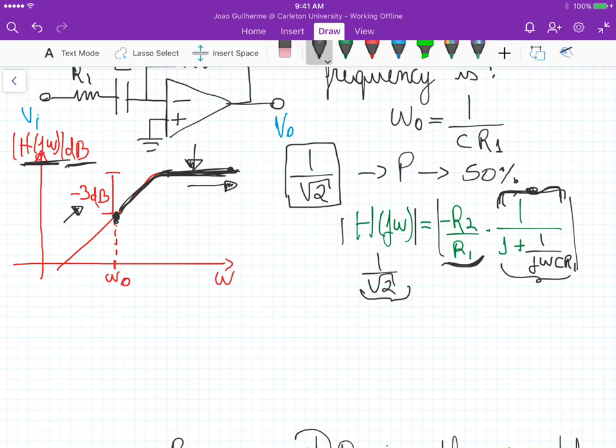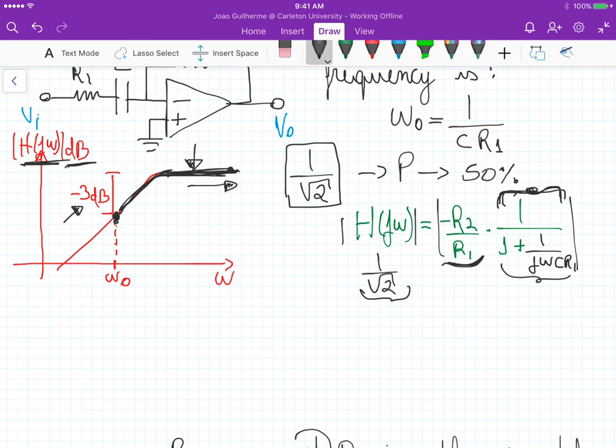Okay, so we have to equate this one here, and one thing is that we can multiply that factor by j omega C R1. So let me make sure that we have that.